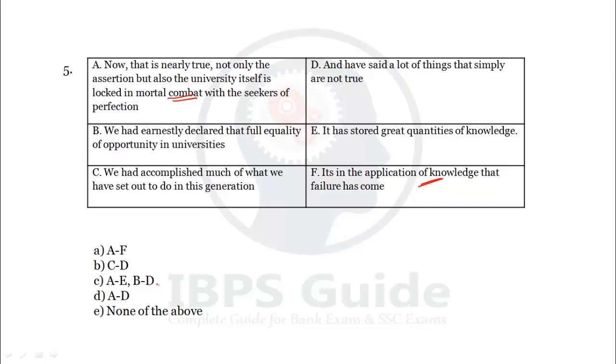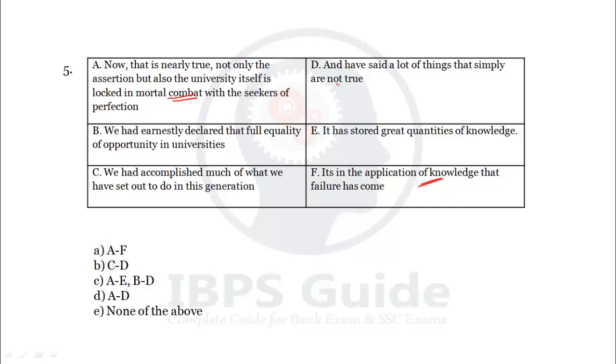Third option, BD means we had earnestly declared that full equality of opportunity in university and have said. And is a conjunction and is used for the same information. If both sides are negative information, or both sides are positive information, then we take and.